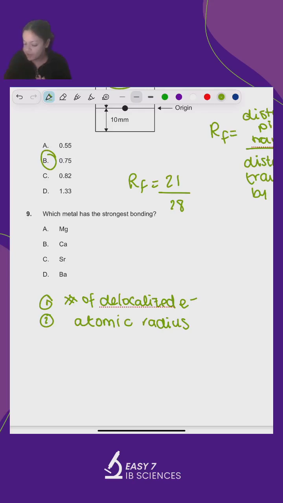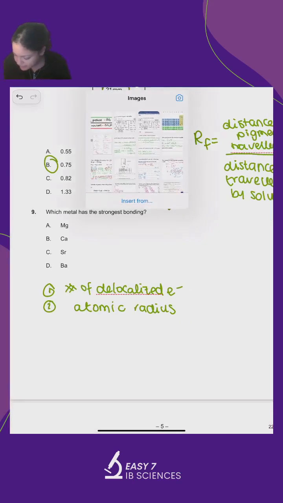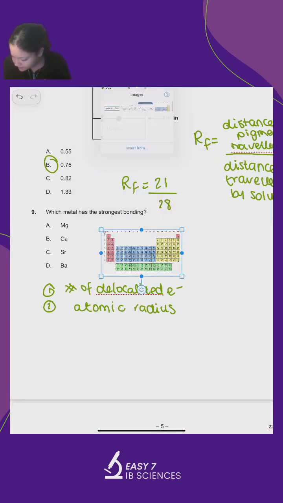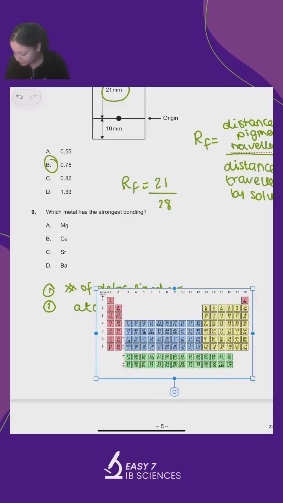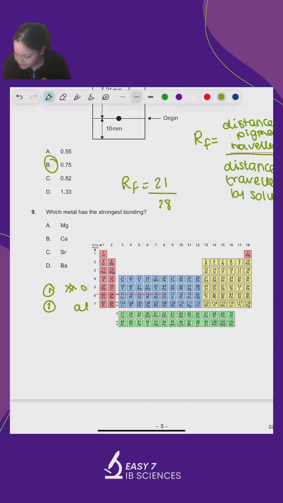So if we look at our periodic table once again, we can see here our metals. Here we can see magnesium, and we can see calcium. So which of magnesium or calcium has a higher atomic radius?